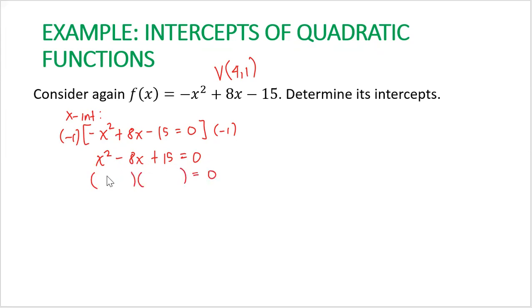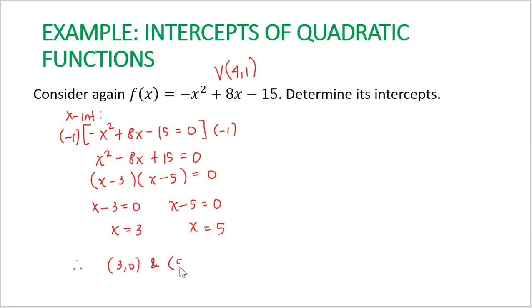And its factors would be x minus 3 times x minus 5. Equating both of these linear factors to 0 and solving for x, we will get x is equal to positive 3 and x is equal to positive 5. So therefore, the x-intercepts are 3, comma 0 and 5, comma 0.